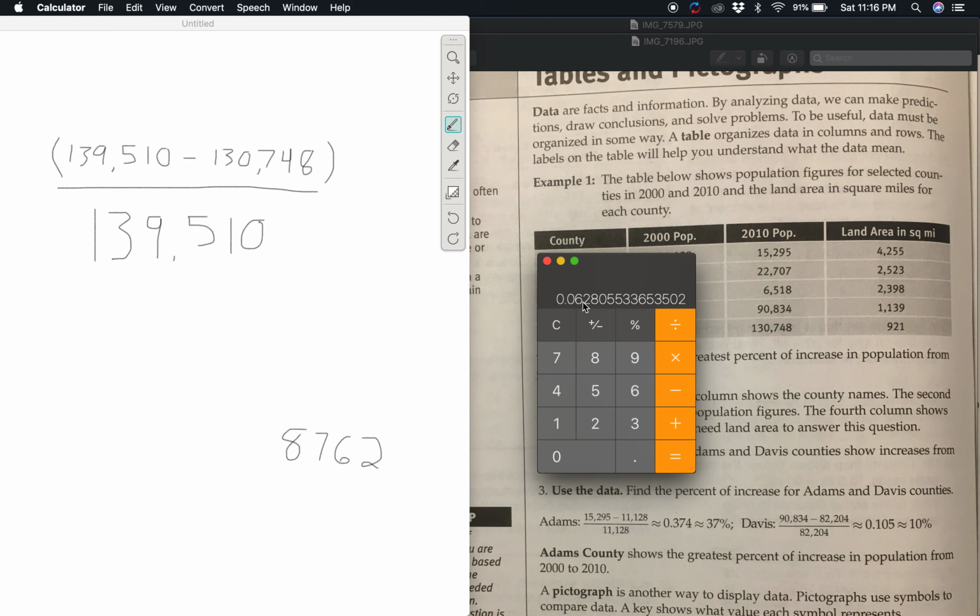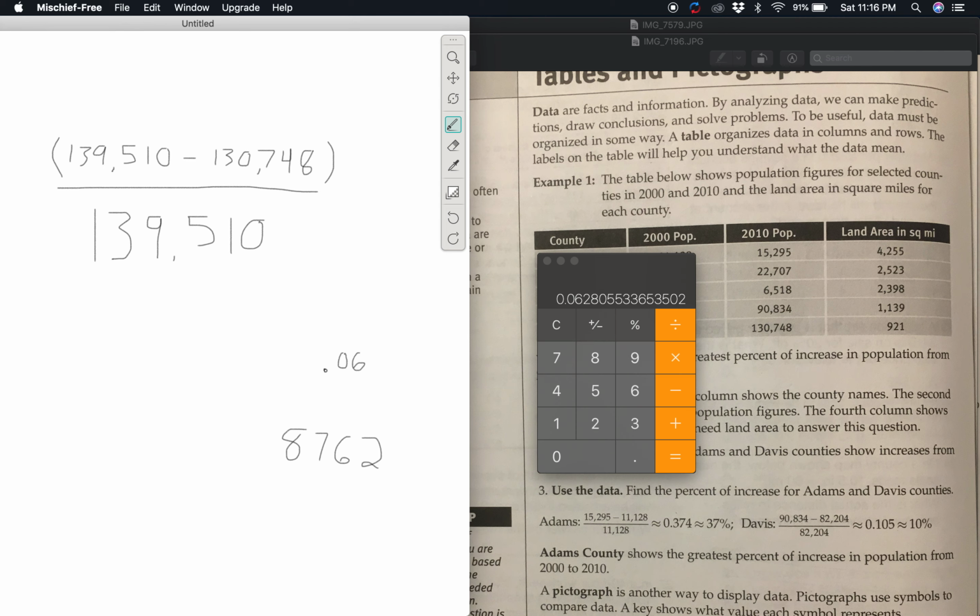Okay, that is your answer there. So we would move the decimal point over 2 times. For example, right now it is 0.06. Anytime you have the percent in decimal form, you can move it over twice. So now we have 6.